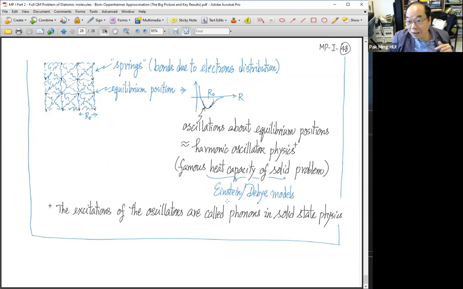Now you may wonder, what are these springs in the solid? I hope after today you have a better feeling. It is the electrons.